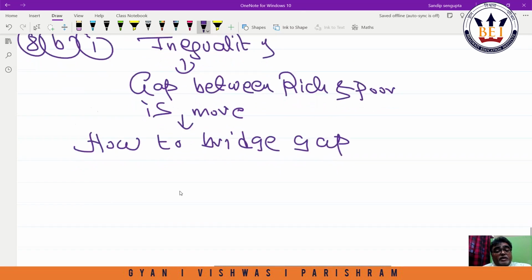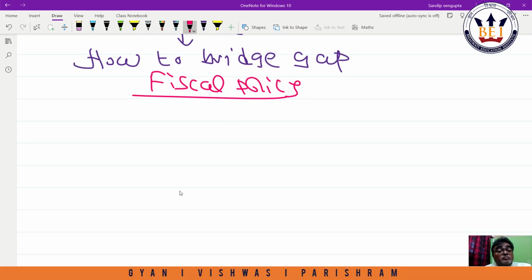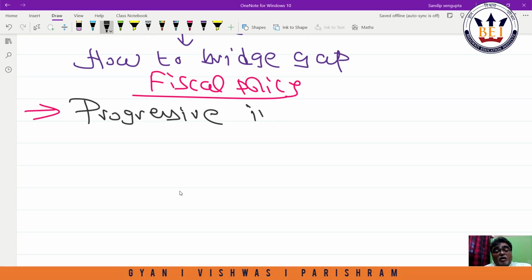Now come to your answer. There are two policies, one is fiscal, the other is monetary. Here they ask fiscal policy. Under fiscal policy, the most promising options are, first, progressive income tax. For your knowledge, the Indian economy has applied progressive income tax for long. What does it mean?